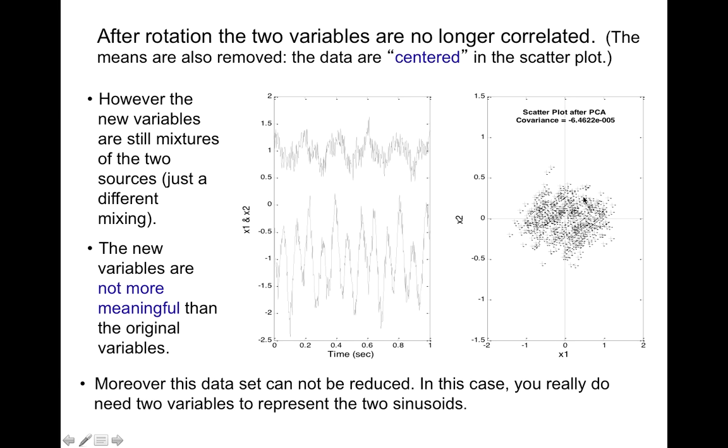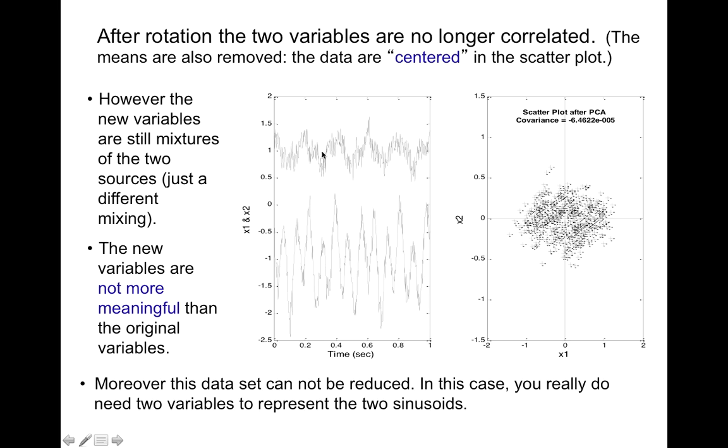If we now rotate the scatter plot, you can see that the two variables are no longer correlated. So what has happened is that principal component analysis has been applied and we have two new variables and they're both uncorrelated.